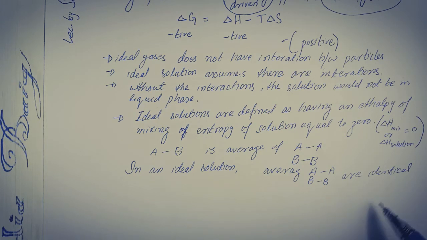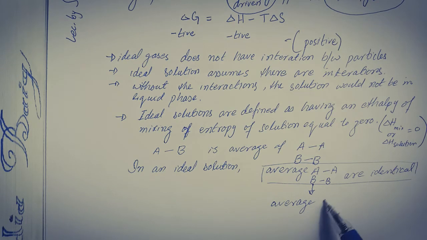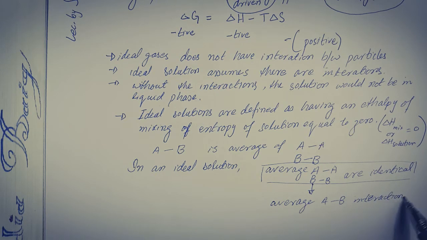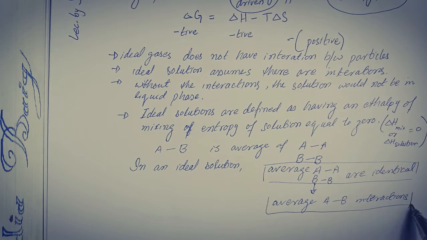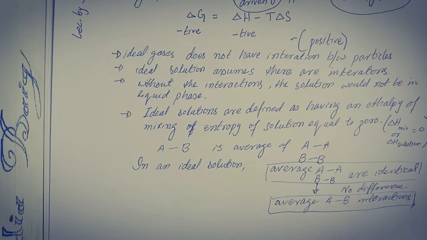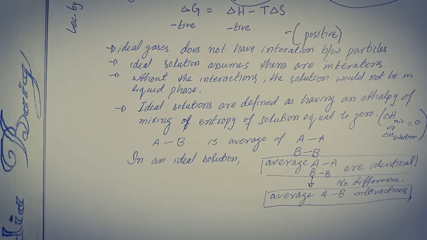So there is no difference between the average AB interactions. So the average of all types of interactions is the same before and after mixing.